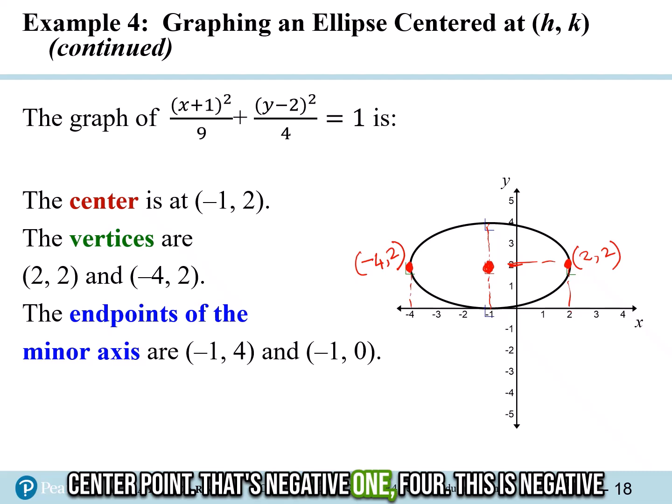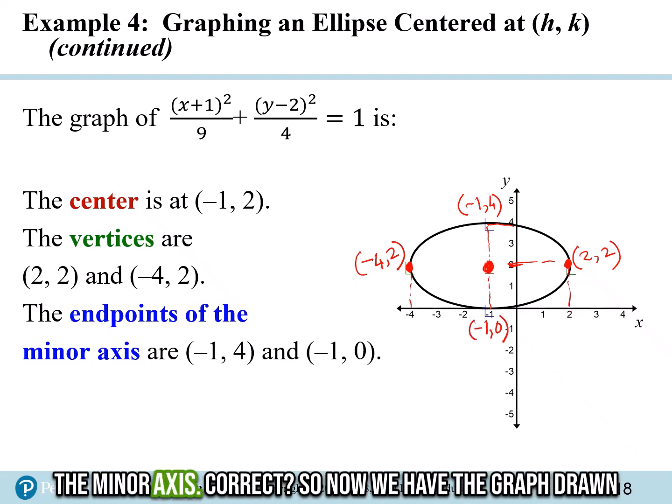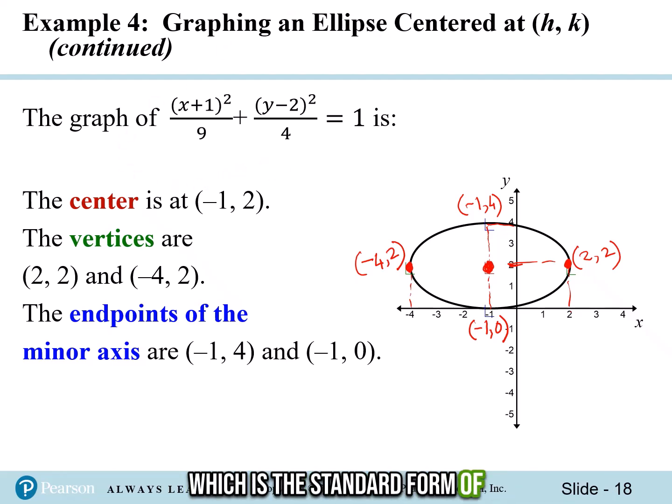That's (-1, 4), and (-1, 0) on the other end, on the bottom of the minor axis. Correct? So now we have the graph drawn using the coordinates that we found from the equation, which is the standard form of the transformation of an ellipse.